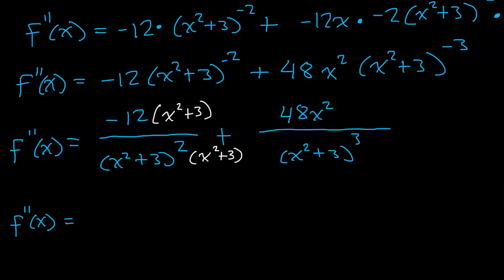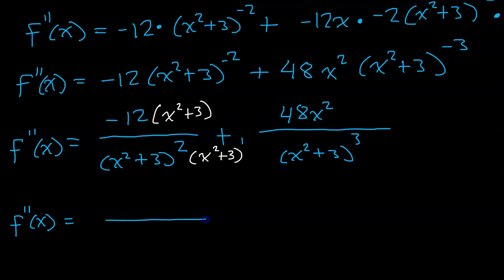If we multiply the numerator and denominator by an extra x squared plus 3, hopefully you can see that the denominator will become x squared plus 3 cubed, right? Because I'm just multiplying by just an extra factor. Now there's 3 of them, so it'll be cubed. So now I have like denominators. So I'm going to go ahead and add the numerators.